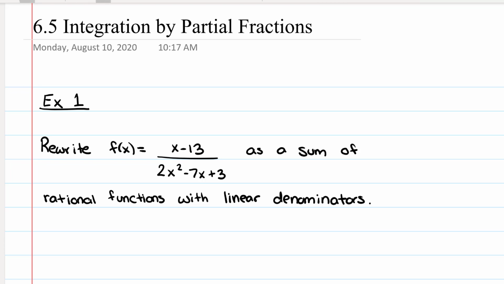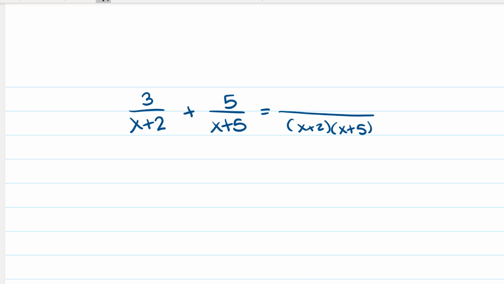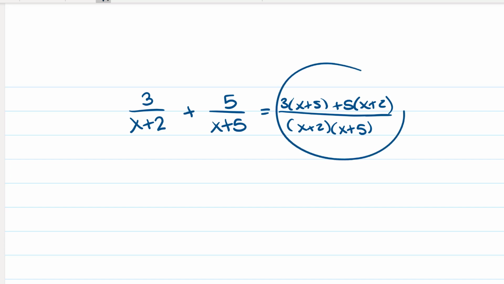So previously in your math classes, you would have done problems like this, like 3 over x plus 2 plus 5 over x plus 5, and then you would have multiplied by the LCD, and you would have gotten one big fraction that had a common denominator. This would be 3x plus 5 plus 5x plus 2, and you would have simplified and put them together. Now what we want to do is take this and work backwards to separate the fractions.